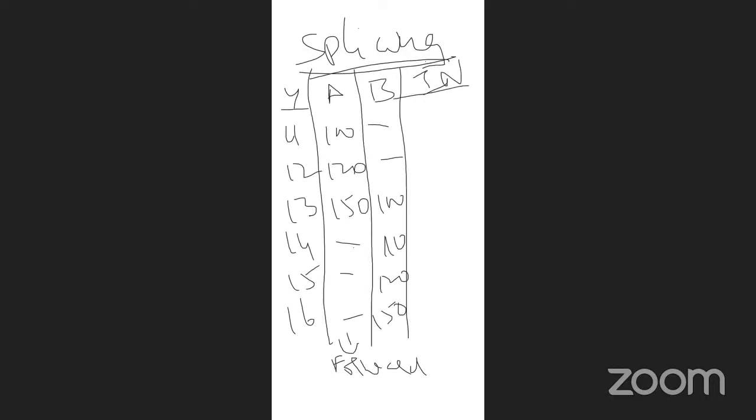If 150 is equal to 100, then 100 is equal to how much? So 100 into 100 divided by 150. How much are you getting? 66.6, that is, yeah, 67.